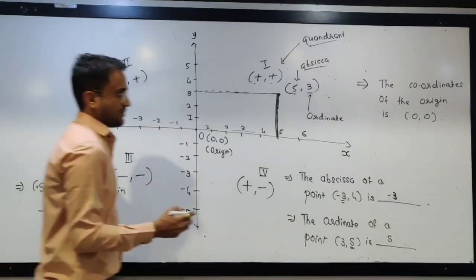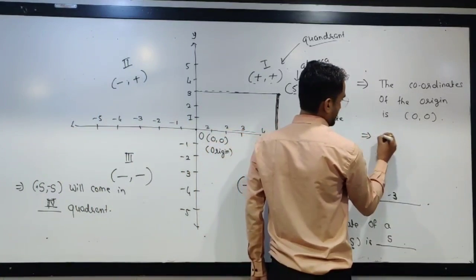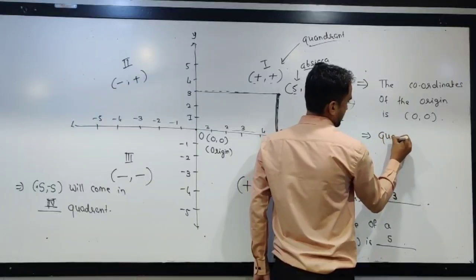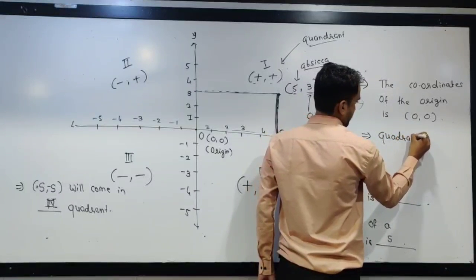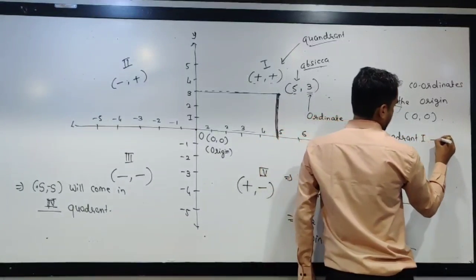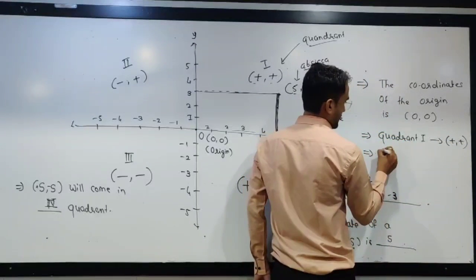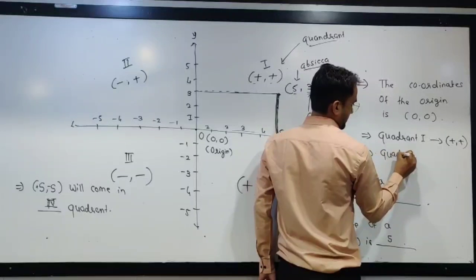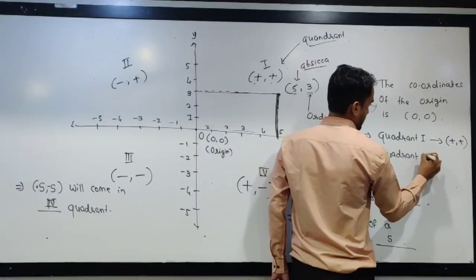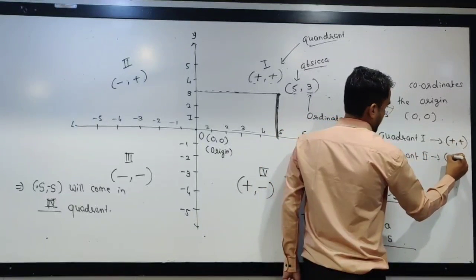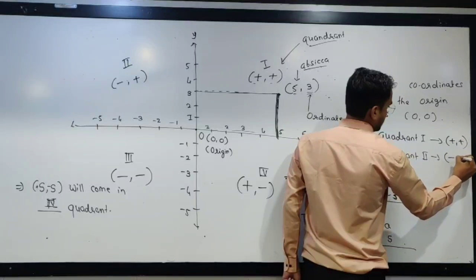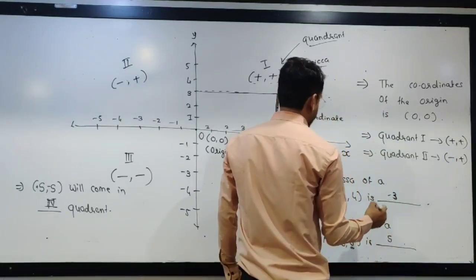Right? So write down one more. Quadrant 1. Here you can write like this. Quadrant 2: minus, plus.